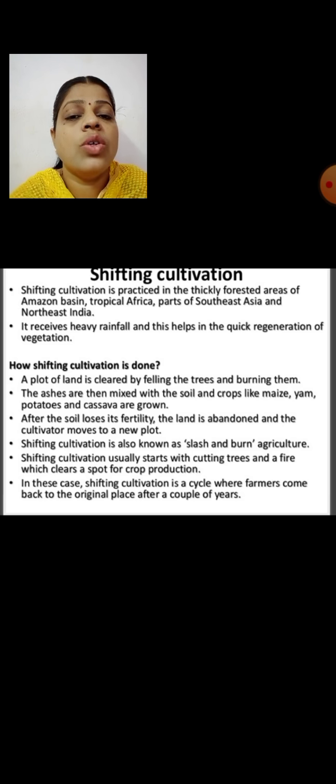It is also known as slash and burn agriculture. It usually starts with cutting trees and a fire which clears a spot for crop production. Shifting cultivation is a cycle where farmers come back to the original place after a couple of years.